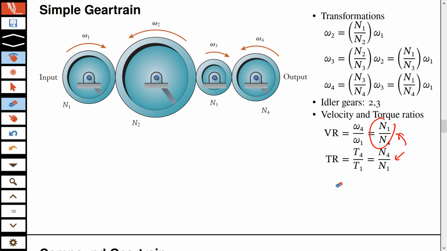Okay, although remember this is misleading because efficiency is not equal to TR over VR. It is equal to FR over VR. But of course, FR will be connected in a simple way to TR.